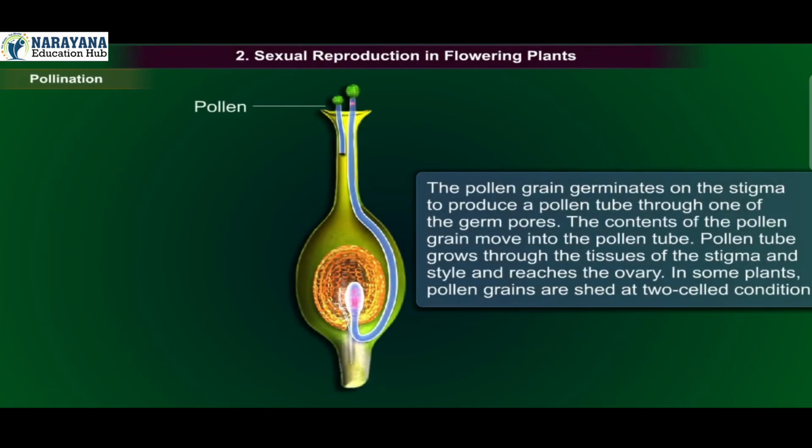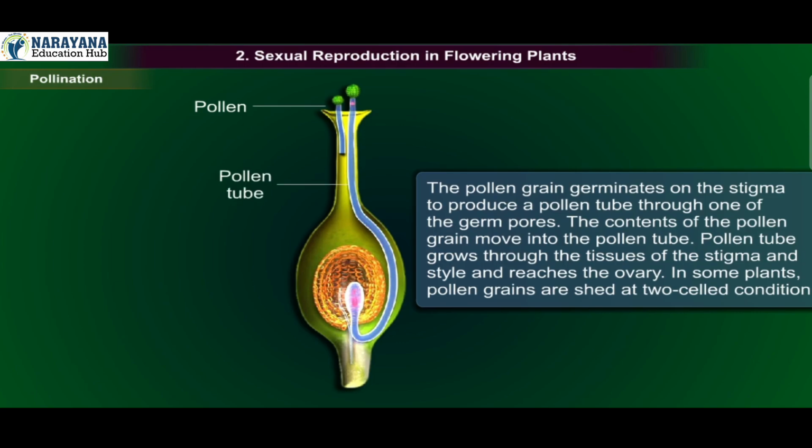The pollen grain germinates on the stigma to produce a pollen tube through one of the germ pores. The contents of the pollen grain move into the pollen tube. The pollen tube grows through the tissues of the stigma and style and reaches the ovary.